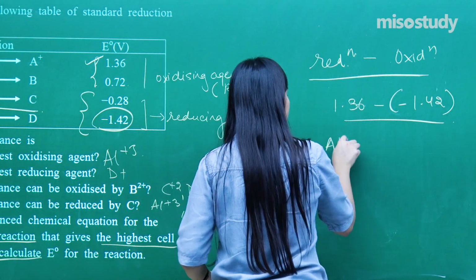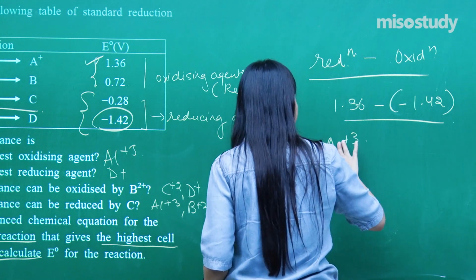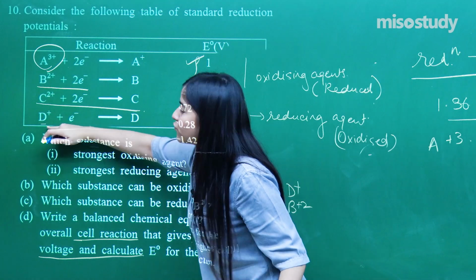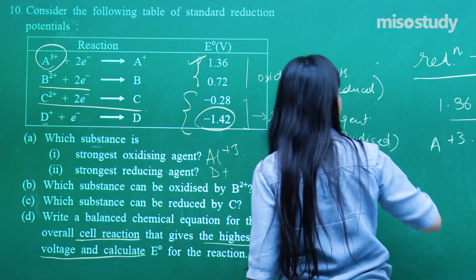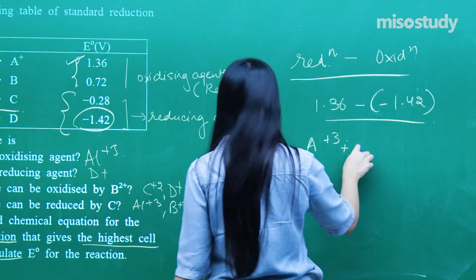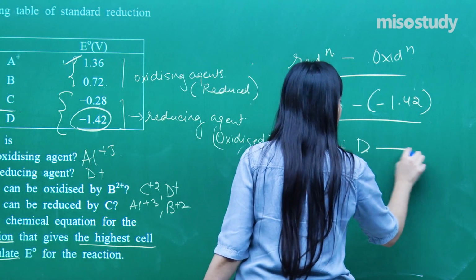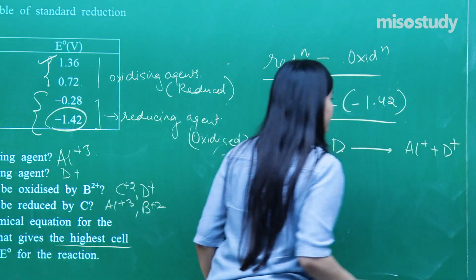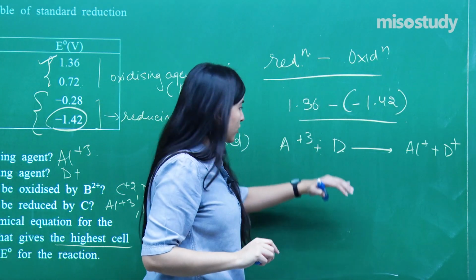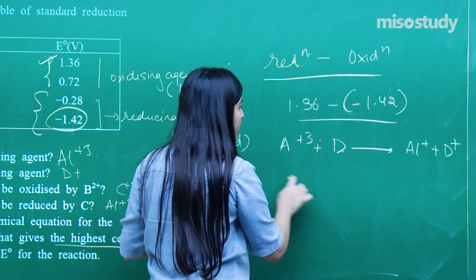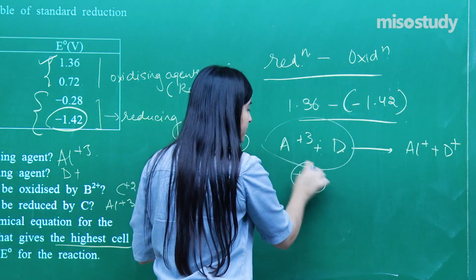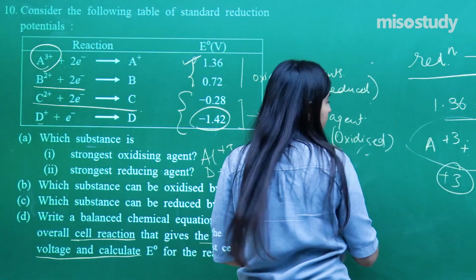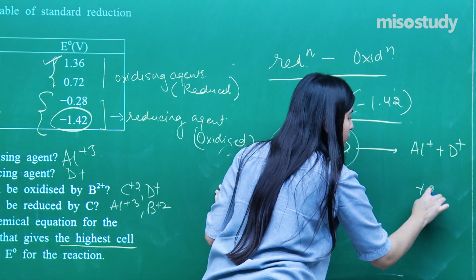So my equation will be Al plus 3, right? Sorry, A plus 3 along with C. Involvement of D is there, right? So D will be getting what? Getting reduced. So I'll be getting Al plus D positive. Fine. Now I need the balancing, because here, see, charges are not balanced. This is plus 3, right? They want a properly balanced chemical equation, right? So it is plus 3 charge, and over here it's plus 2.